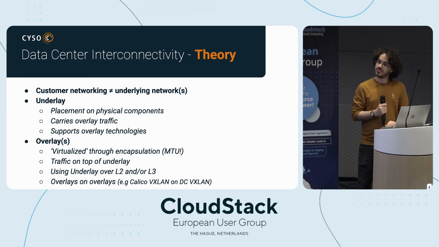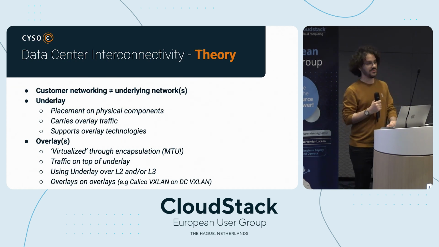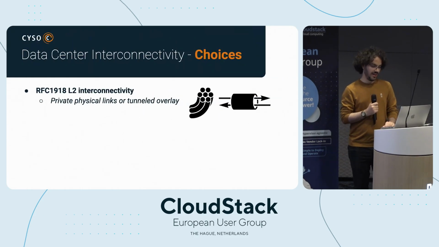And it can be over L2, or it could also go over L3 using L4 UDP datagrams. And there are also scenarios where you could have overlays on top of overlays. God forbid, but it does happen. So, that's one part of the choices.